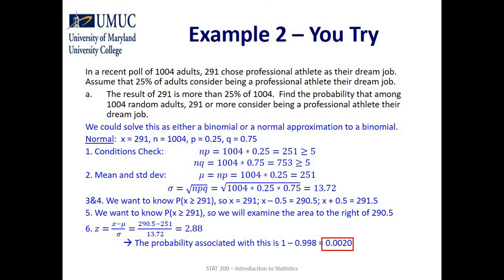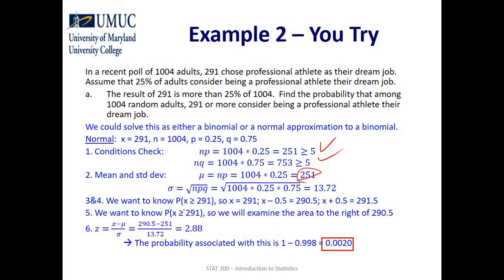And if you look, this time these values are not the same, they're actually different, which is more typical than the coin toss example we did. Alright, since those are satisfied, check, check. Then we can do mu equals n times p to get our mean, which is 251. Sigma equals the square root of npq, which gives us 13.72.